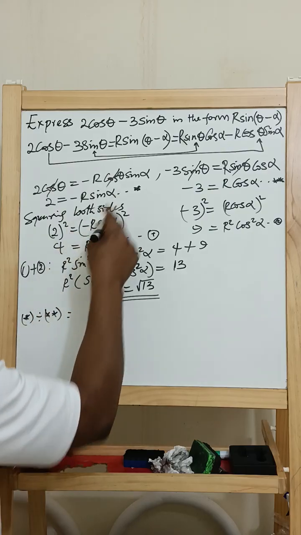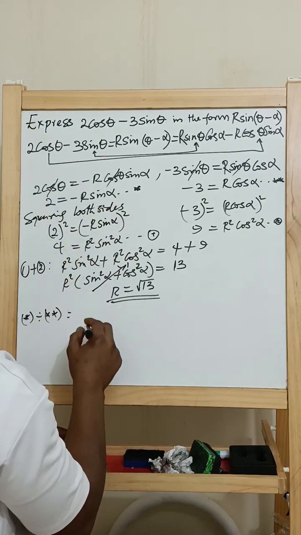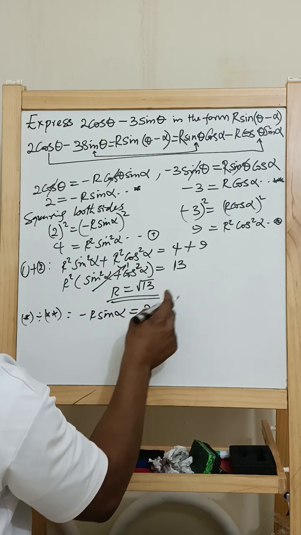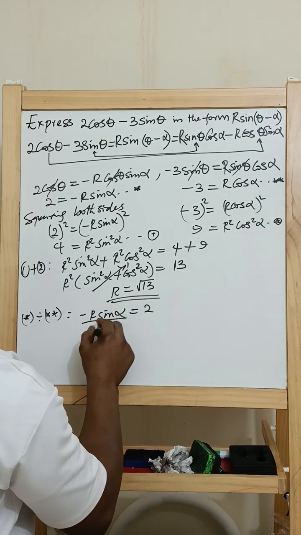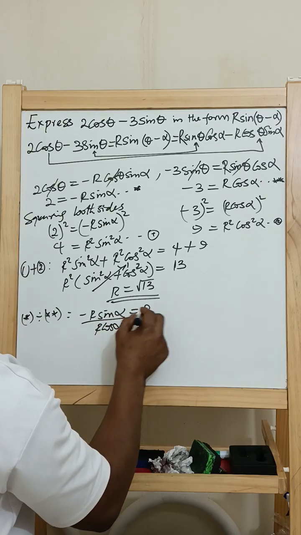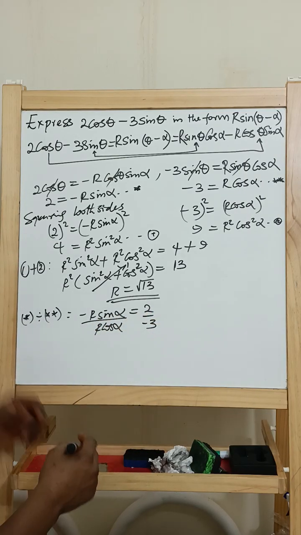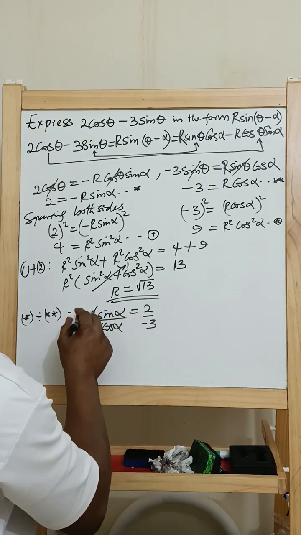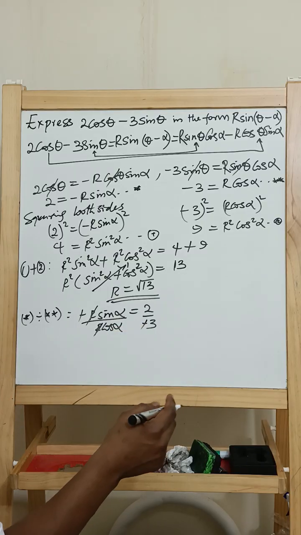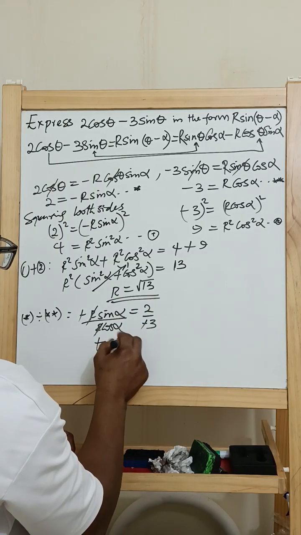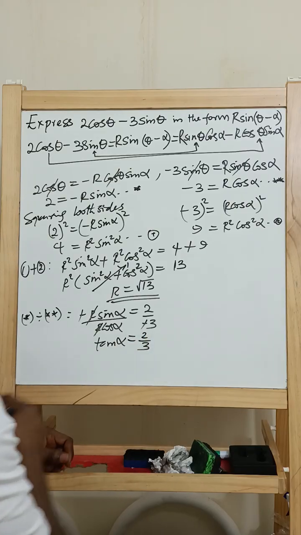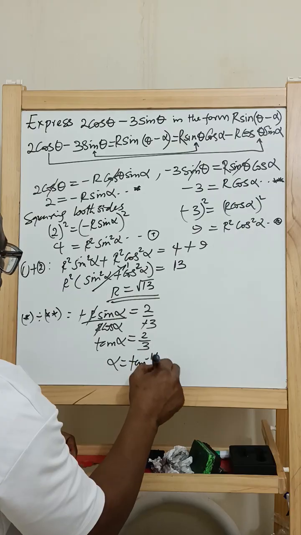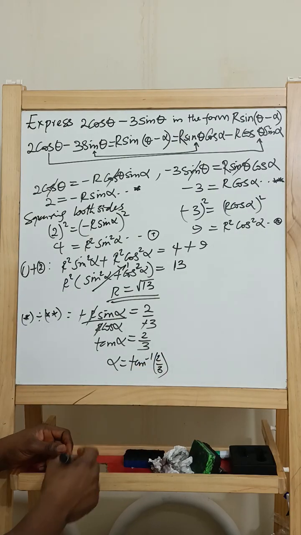So that will be minus r sin alpha over r cos alpha equals 2 over minus 3. So r cuts r, minus cuts minus, so tan alpha is going to be 2 over 3, and alpha from here is going to be tan inverse of 2 over 3.